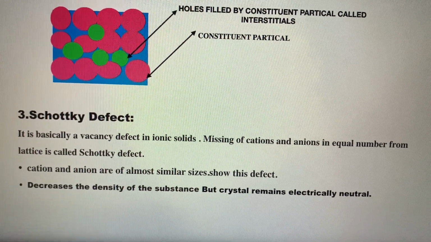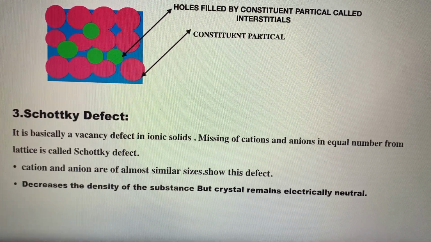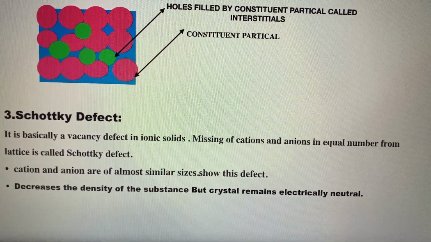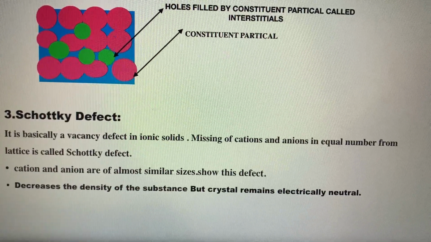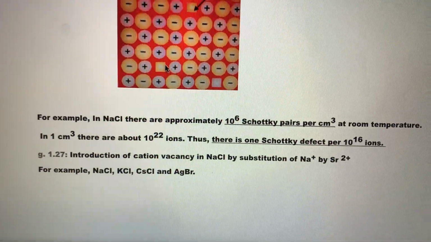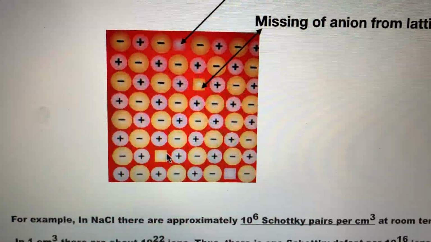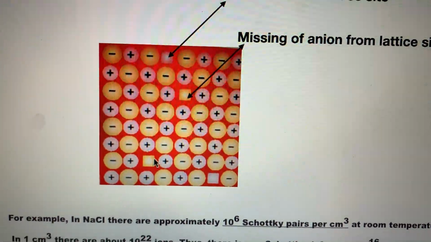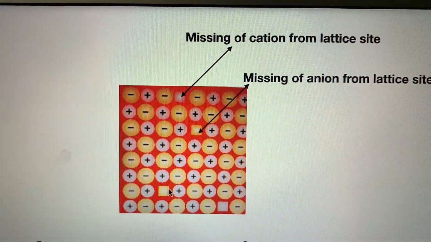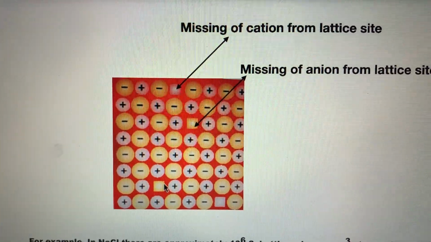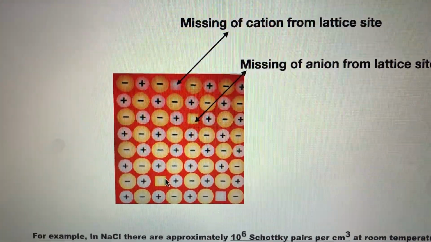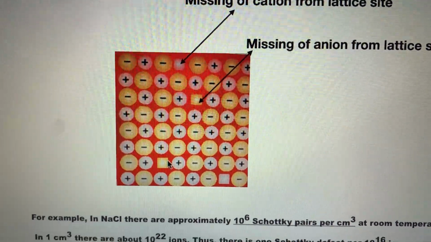In this case, cations and anions of almost similar size show this defect. This decreases the density of the substance, but the crystal remains electrically neutral. In this example you can see positive and negative ions. On one side you can see a cation missing from a lattice site. On the other side you will find an anion missing from a lattice site. And the number remains the same.